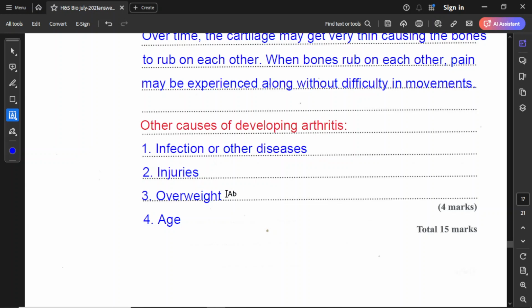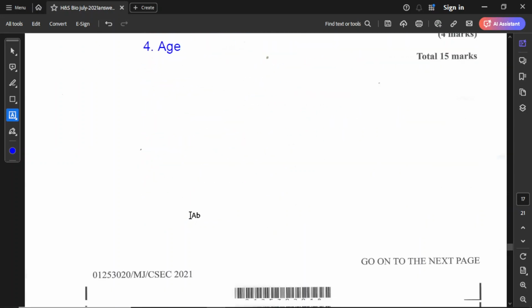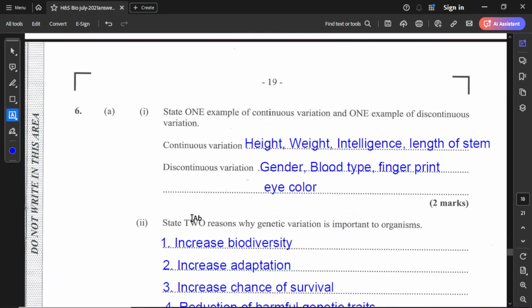Overweight as well, because if you're overweight, then bones could be pressing on bones much tighter, and the cartilage is squeezed in between the bones, so the cartilage may degrade much faster, and then you may develop arthritis after that. Age as well, because as you age, the cartilage may degrade or deplete eventually. All right. So those are some suggestions.